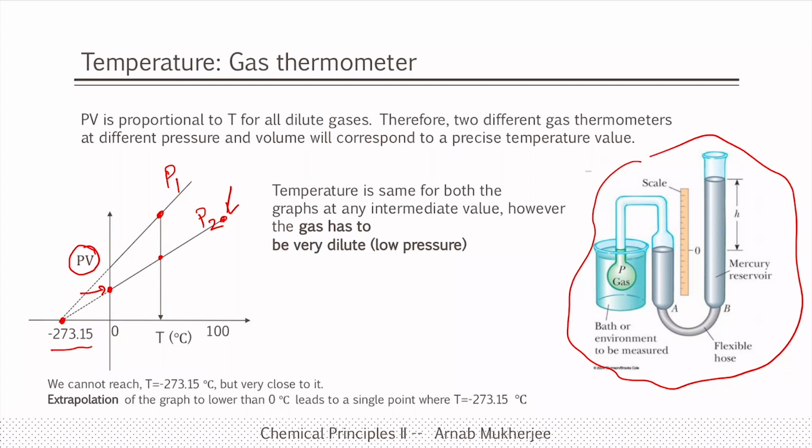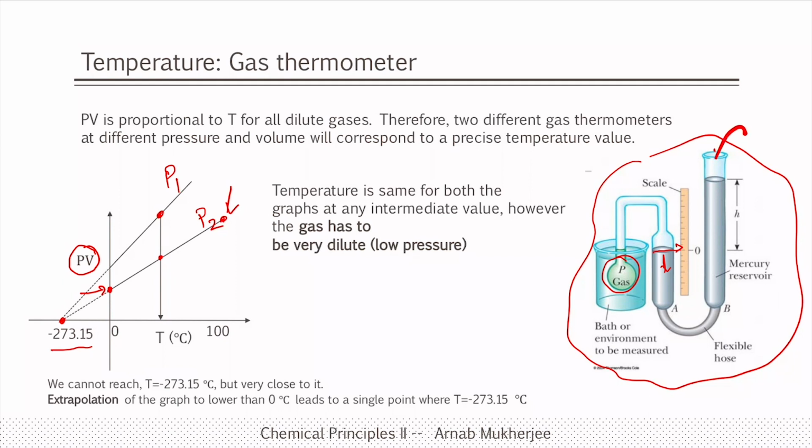where you have the gas in this particular cylinder, and then you have mercury here in this particular place. Now, in order to keep the constant volume, the level of mercury should be at 0 at this place. Now, let us say you put this particular system inside a beaker, and if the temperature of the content of the beaker is higher, then the gas would like to expand more.